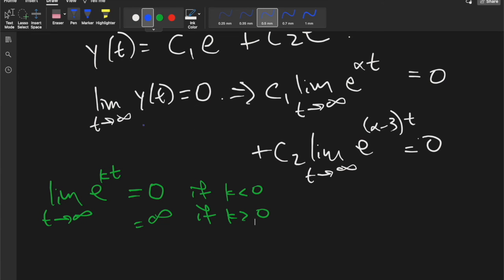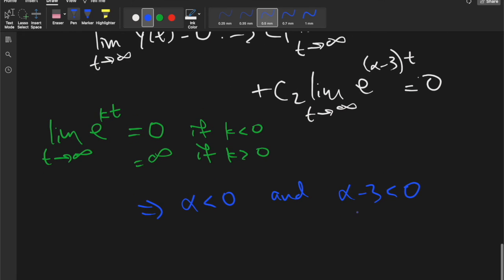So what that means is we want both of the exponents for our exponentials to be negative. So we have alpha should be less than 0, and alpha minus 3 should be less than 0. So this right one just means alpha should be less than 3. So then our final solution is alpha less than 0.